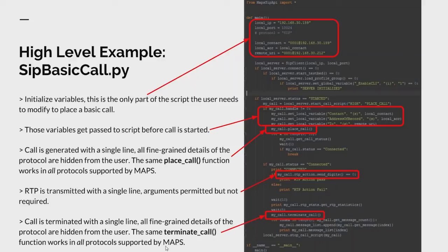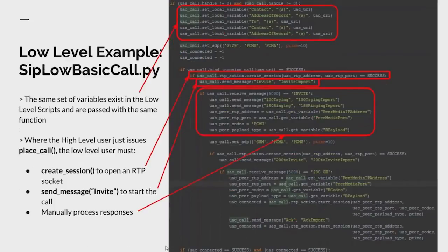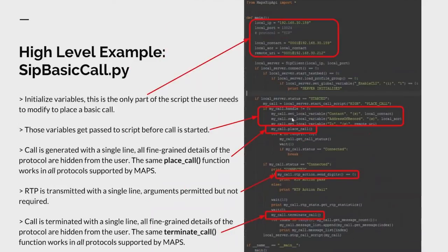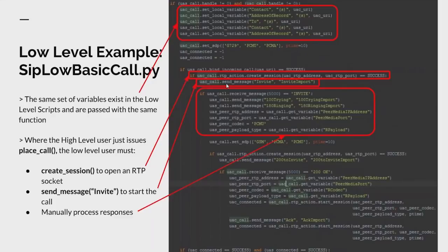To give you an idea of a comparison, for establishing the same call using the low-level script, again, we have to initialize all of our variables. But then rather than doing the nice little place call here, we have to manually start the RTP session, manually send an invite, manually process responses, manually process the SDP and the response to negotiate the correct codec, things of that nature.